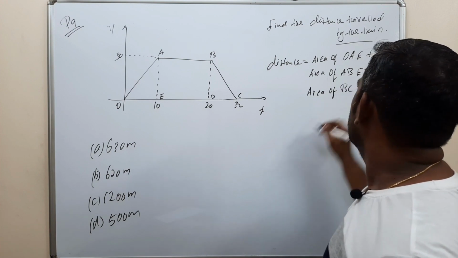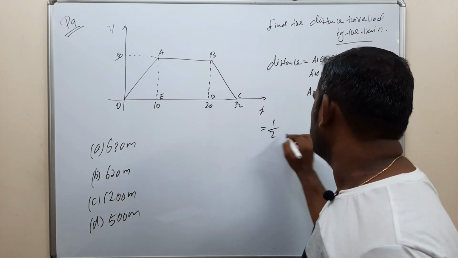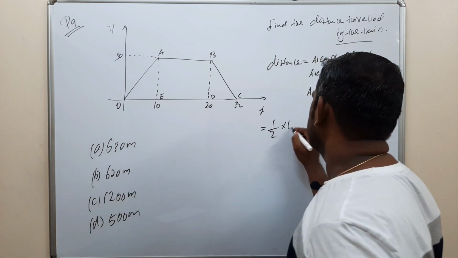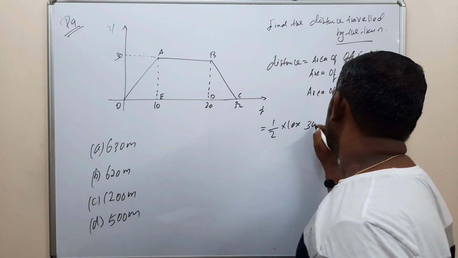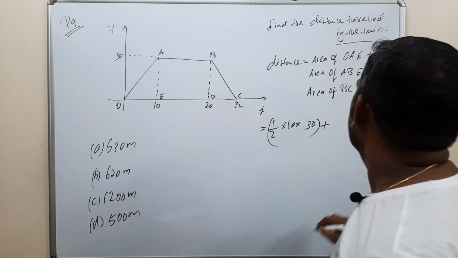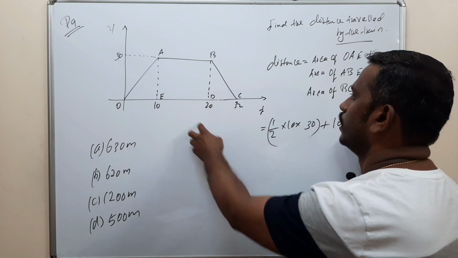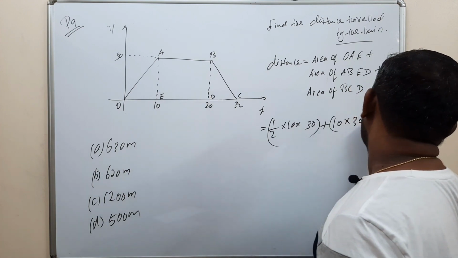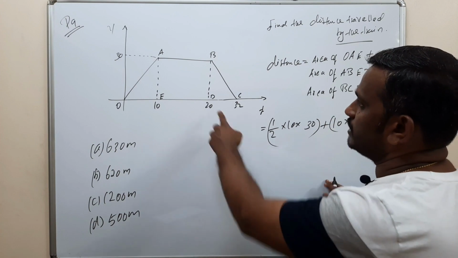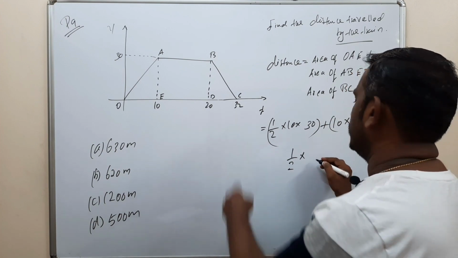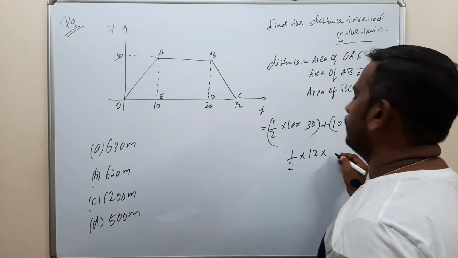That is half into 10 into height 30, plus the area of the rectangle 10 into 30, plus half into 12 into 30.